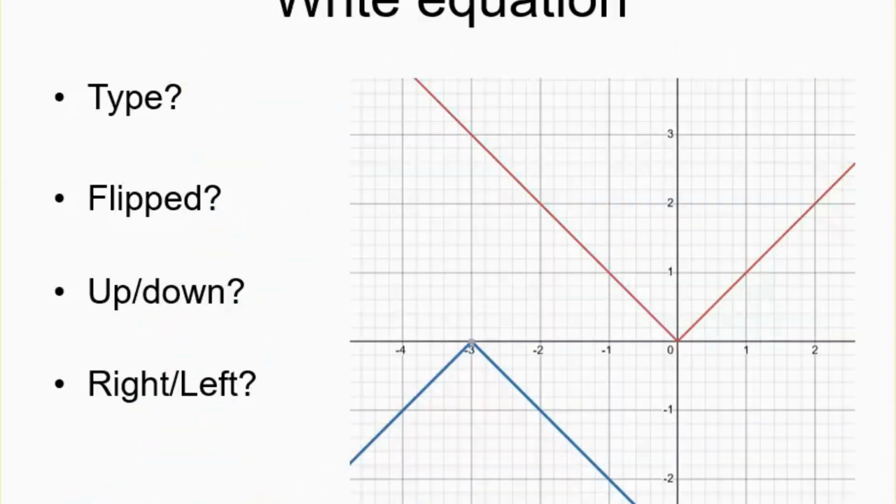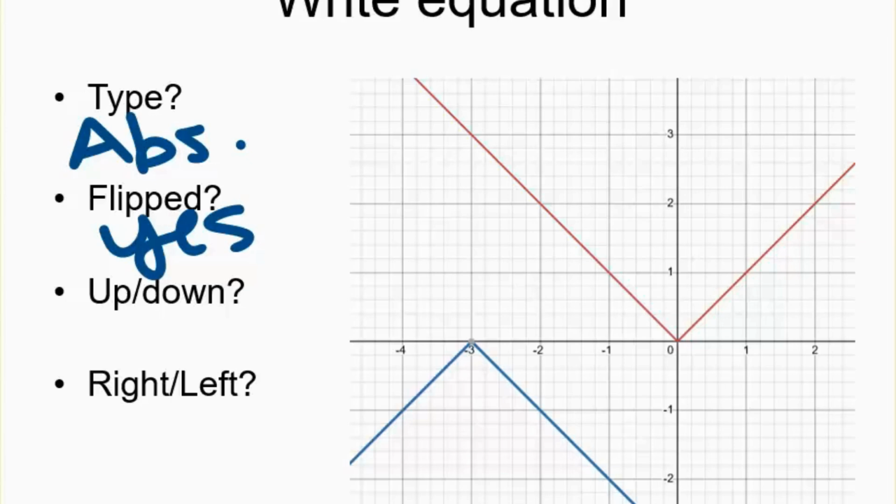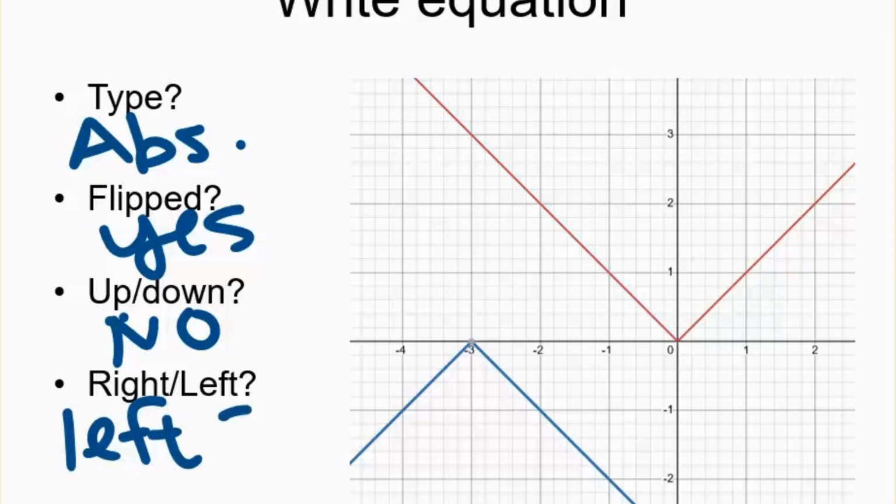Here we have another absolute value. And this time it was flipped. Notice it opens down. I did not move up or down. I did move left. So I moved left 3. So flipped, that means I need a negative.